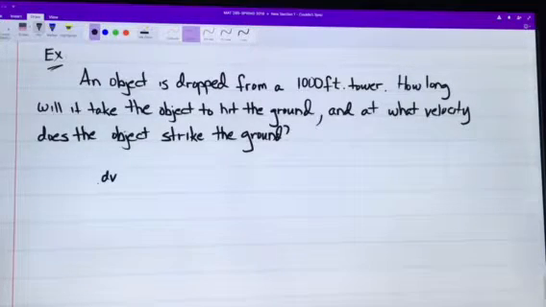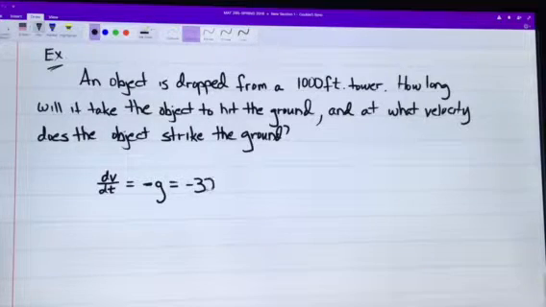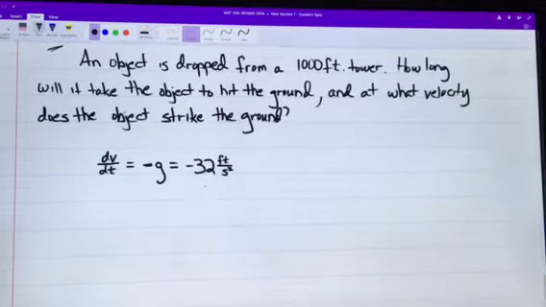For this particular problem, we have the change in velocity with respect to time, which is the acceleration. Since we're looking at a falling object, we have the negative of the gravitational constant, which in the English system is 32 feet per square second. We just record that as negative 32.